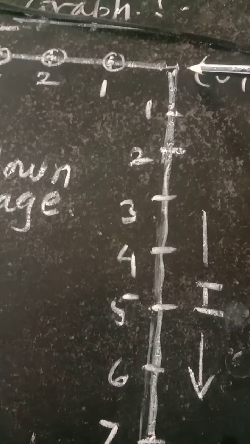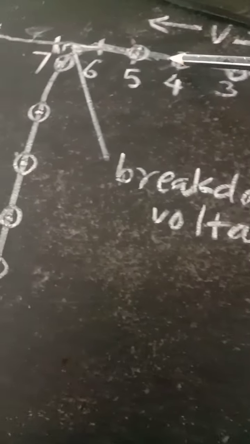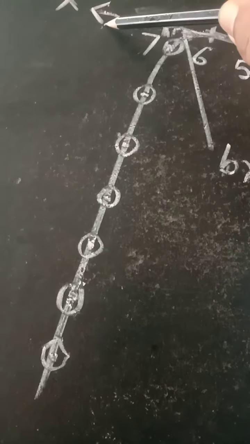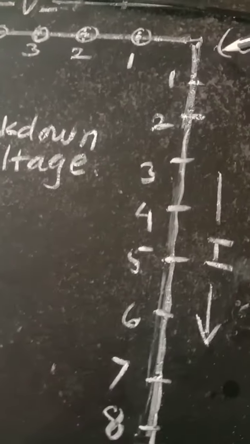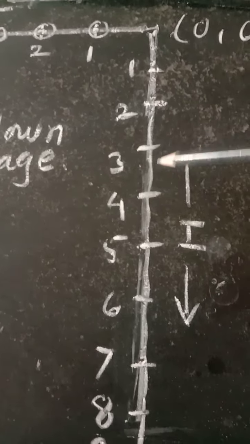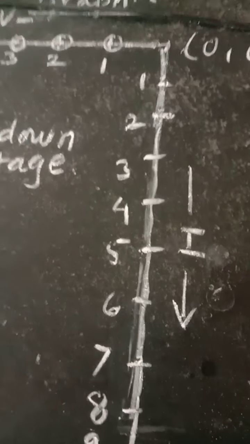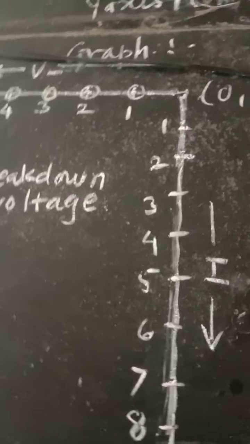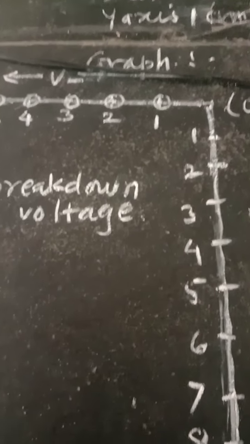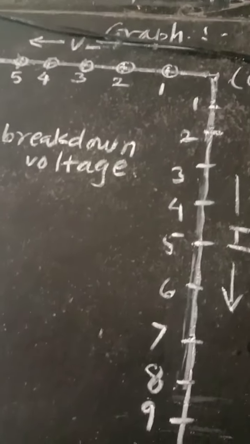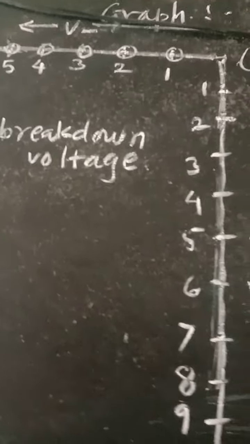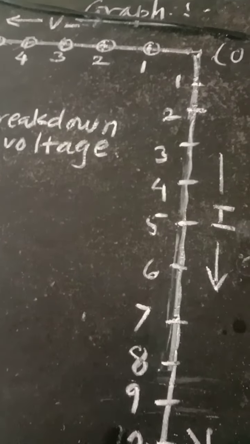Here there will be 0, 0, that is the origin. This will represent the negative direction of the x-axis. It will represent the negative direction of the y-axis, because as it is reverse bias, both current as well as voltage will be considered negative, and therefore the graph will lie in the third quadrant.